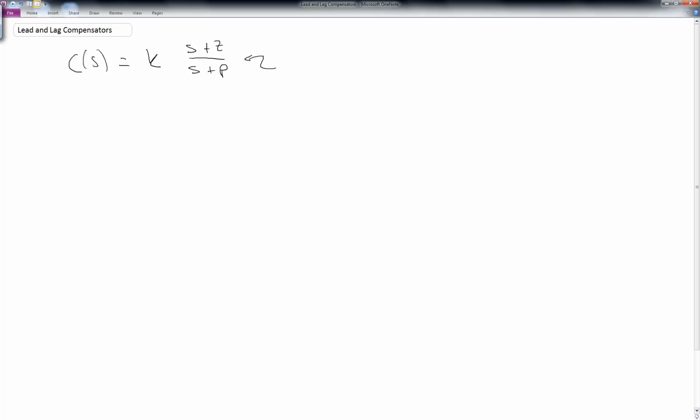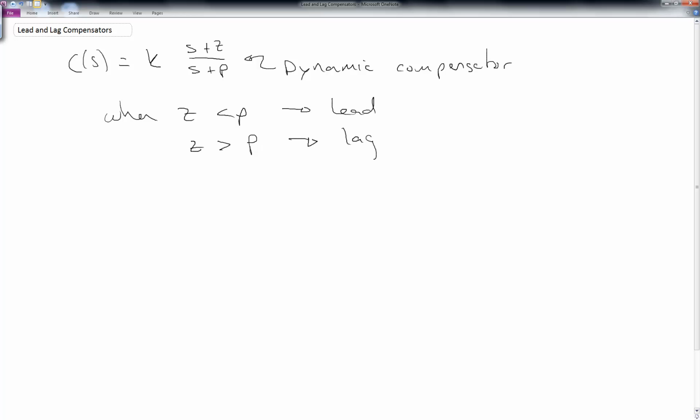This is sometimes known as a dynamic compensator, because it has derivatives and integrals in it, but it's also known as lead and lag. In this form, when z is less than p, it's known as a lead compensator, and when z is greater than p, it's known as a lag compensator. These names come from looking at the magnitude and phase plots of this control law.